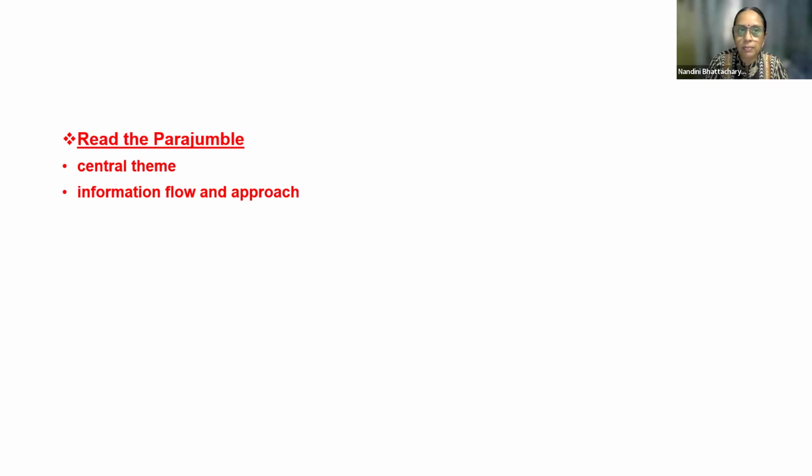In para completion, you needed the information flow to understand what the concluding statement or the middle statement would be. Similarly, here you go with the information flow. When you were doing the central theme, you also had to figure out the purpose.